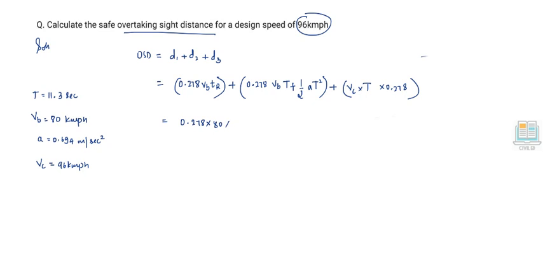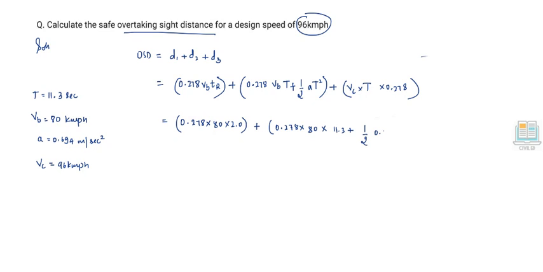So now let us substitute these values in this equation which is specified above. So V_B is 80, the reaction time is 2.0, again V_B is 80, this is capital T, the time required for overtaking.